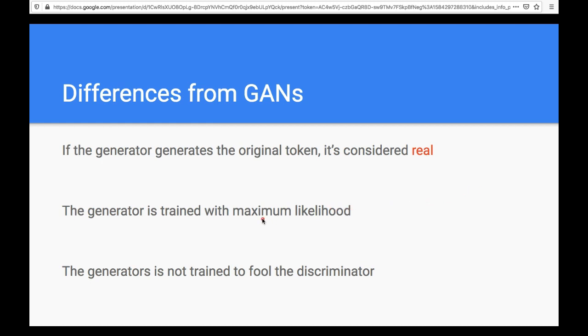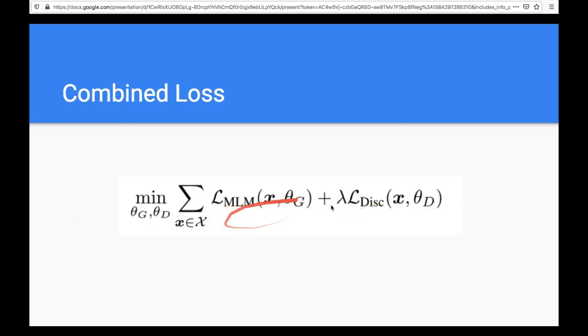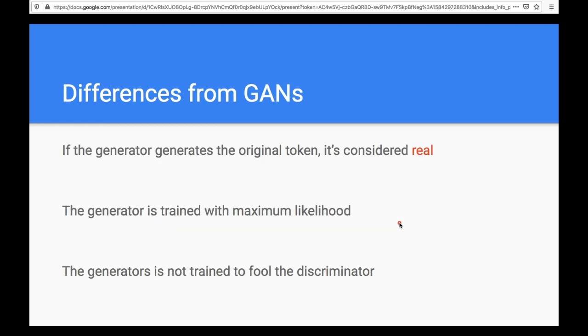Even if we always predict the same as the original tokens, the generator prediction, and the discriminator always gets it correct, you always say, oh, it's fake, it's real, it doesn't matter, because they don't have interaction for these two losses. So, put in simple words, the generator is not trained to fool the discriminator. It's not like GAN.